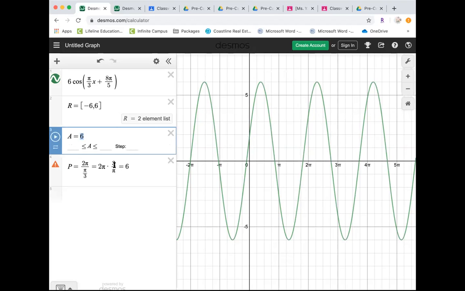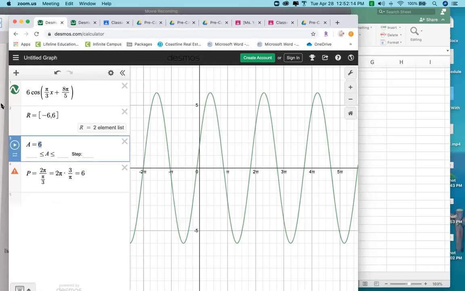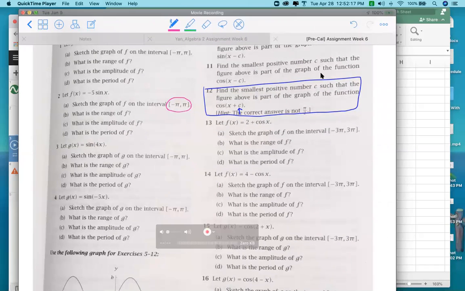I have 9 more minutes or less, and then I have to jump into my other session. The last few questions are almost the same. Let me share my desktop real quick.